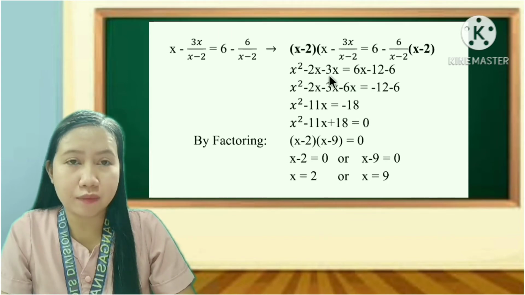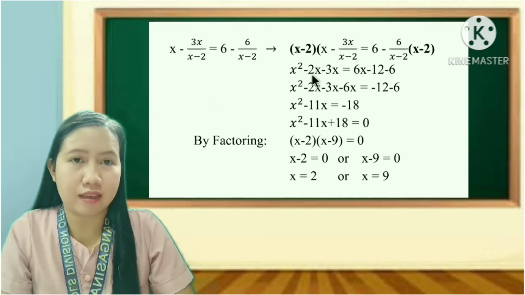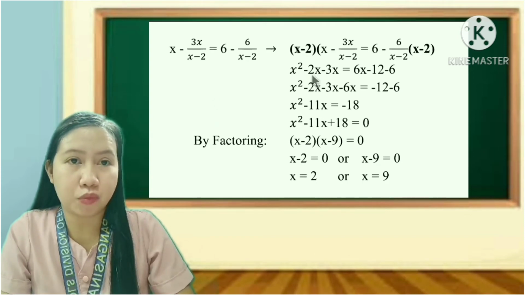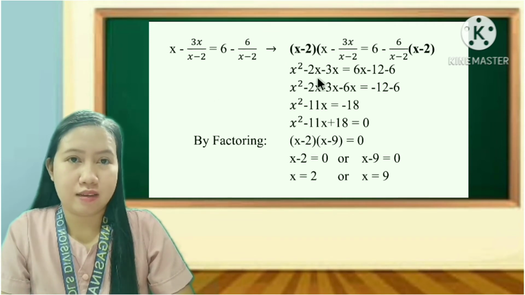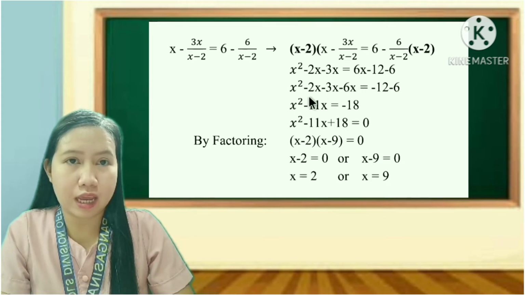So let's see, x squared. Is there anyone here who has an exponent which is 2? No, so let's copy x squared. Next, negative 2x. Yes, it has two combined like terms. We have 3x and 6x. So let's combine those three.